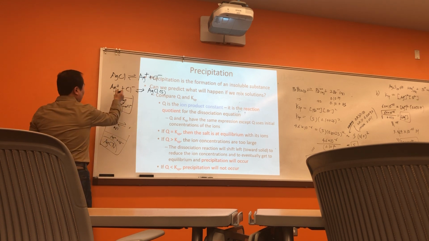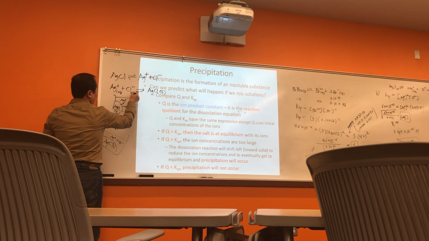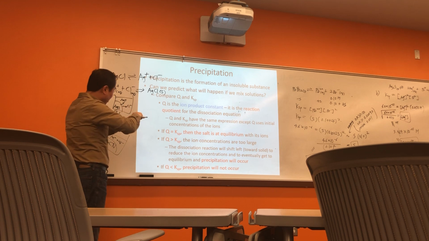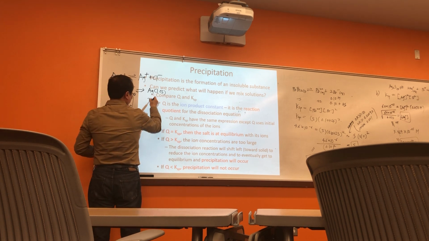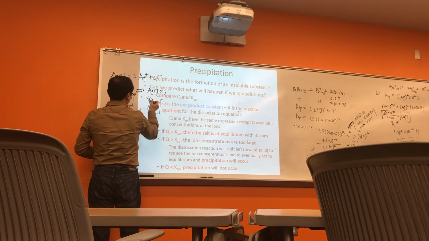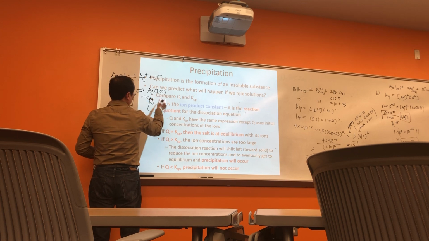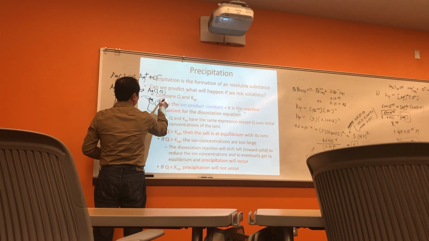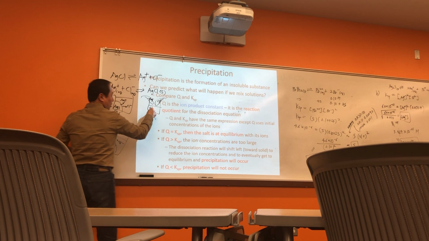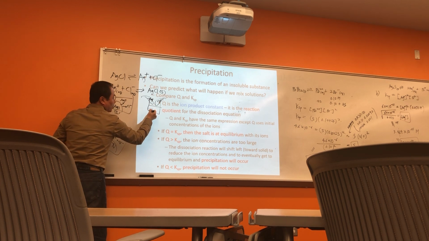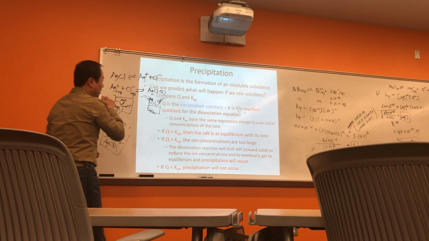So you have two solutions, silver solution and chloride solution, mixed together. Then if you pour silver solution and chloride solution together, you'll see precipitate form in the bottom of the beaker. That's what precipitation is.